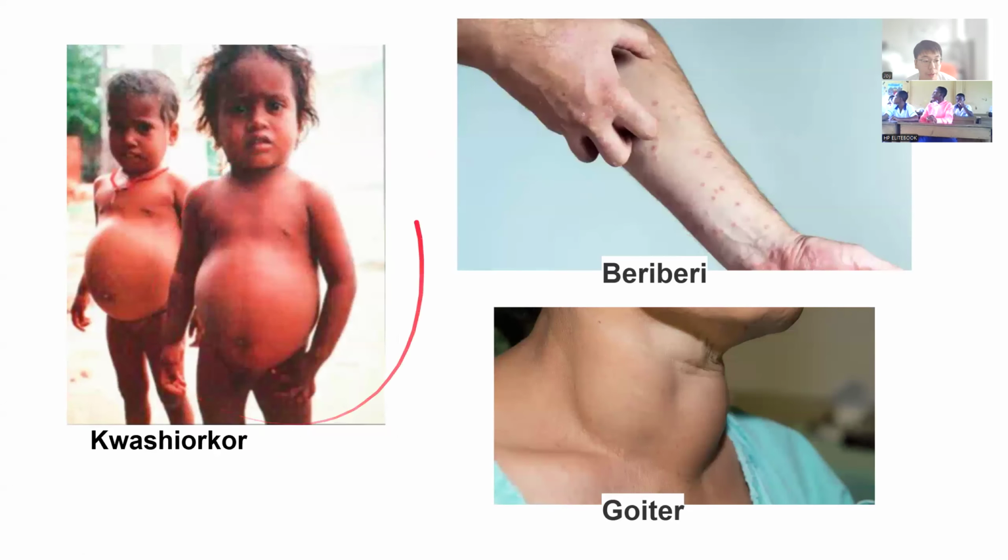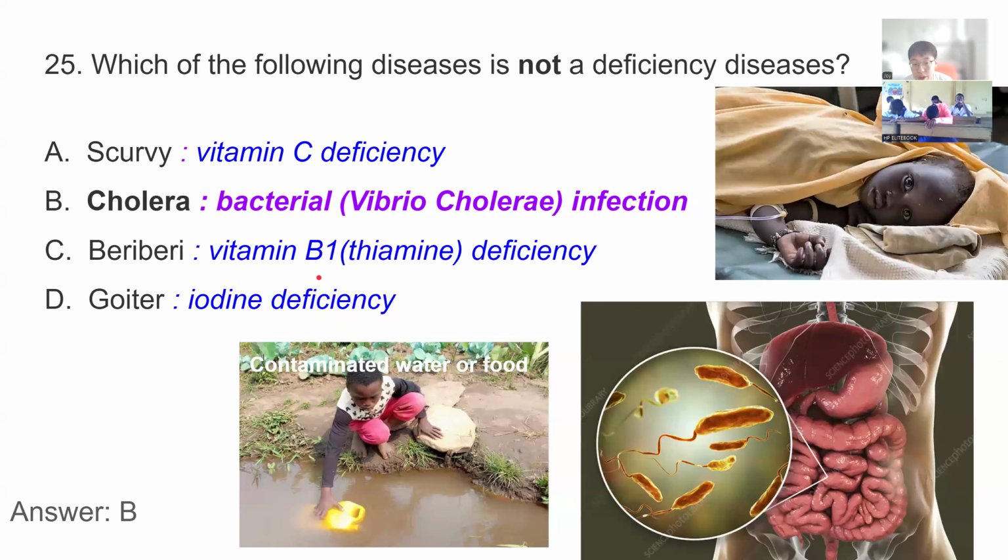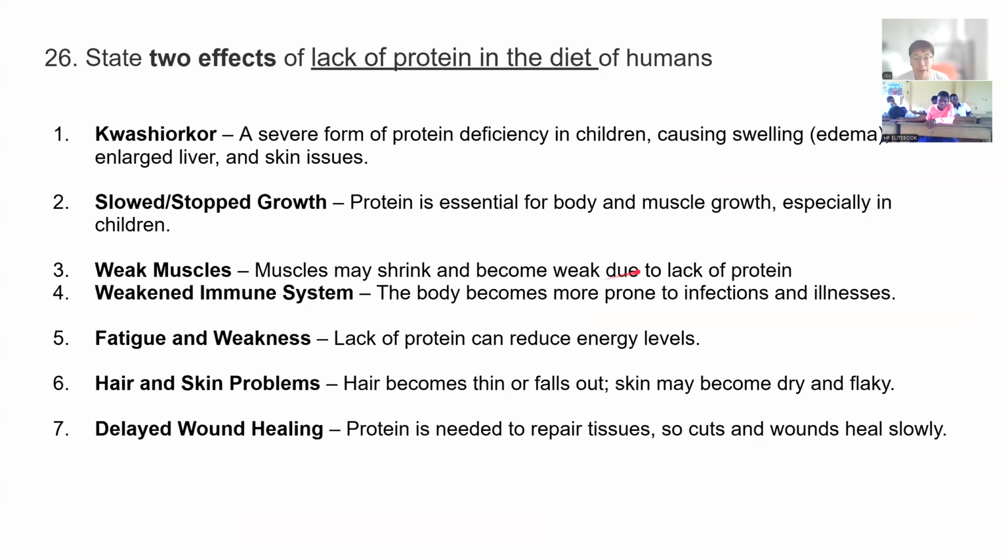And here's a picture of kwashiorkor. You can see the stomach is kind of blobbed out, and this is due to protein deficiency. On the top right is a picture of another deficiency called beriberi, which is a deficiency in vitamin B1. It's thiamine deficiency.